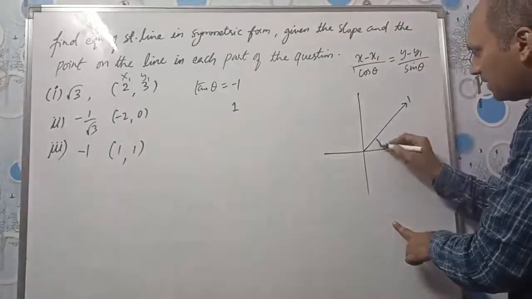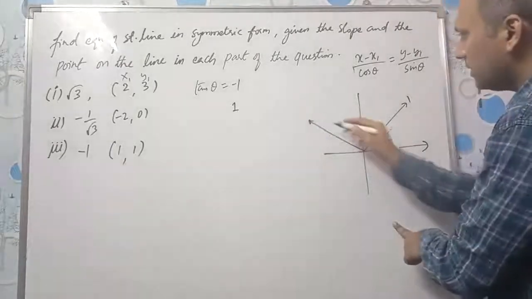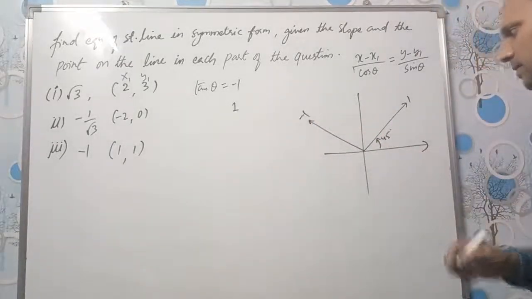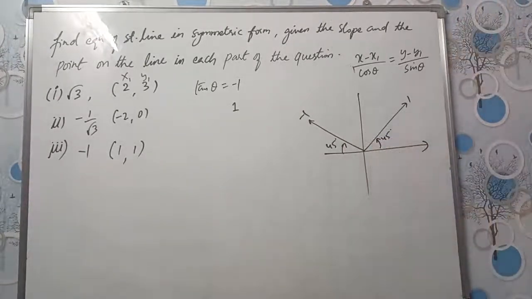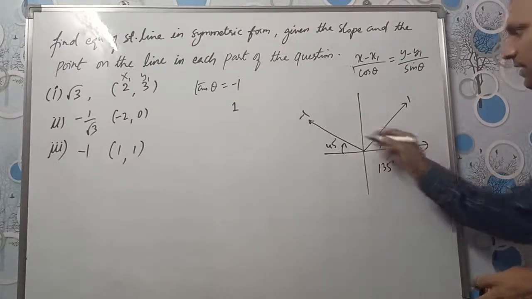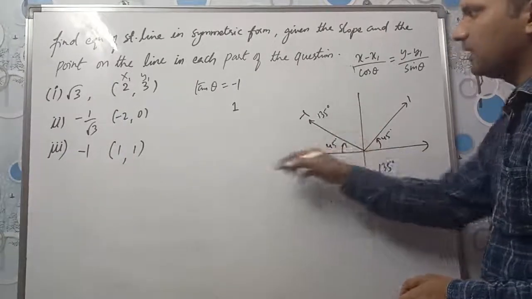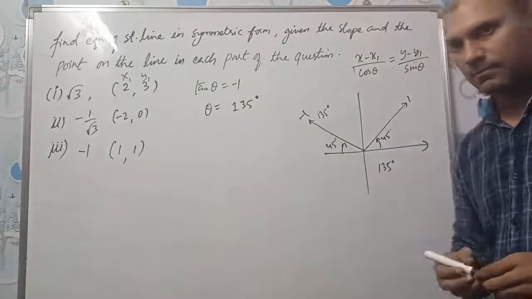It will be 1 at 45 degrees, right? And exactly opposite here, it will be minus 1. So if this is 45, this will also be equal to 45. Now 180 minus 45. How much is 180 minus 45? 135 degrees. So theta will be equal to 135 degrees.